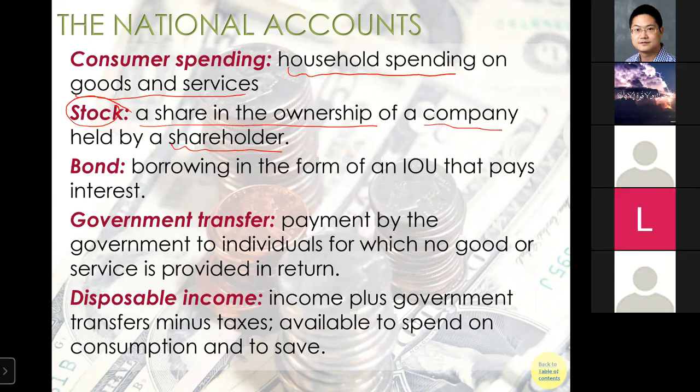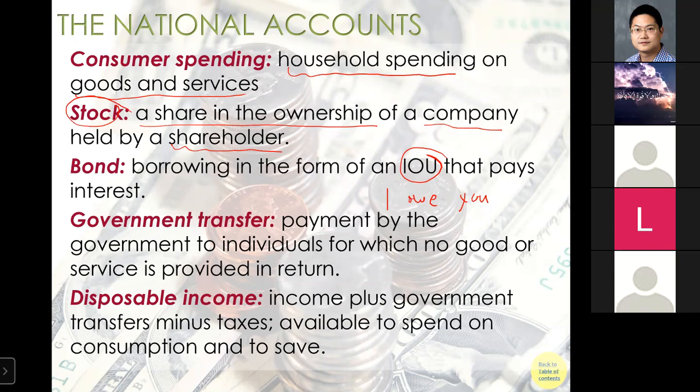Now, next one is called a bond. Bond essentially is borrowing in the form of an IOU, that pays interest. So a bond essentially is a loan in the form of an IOU.